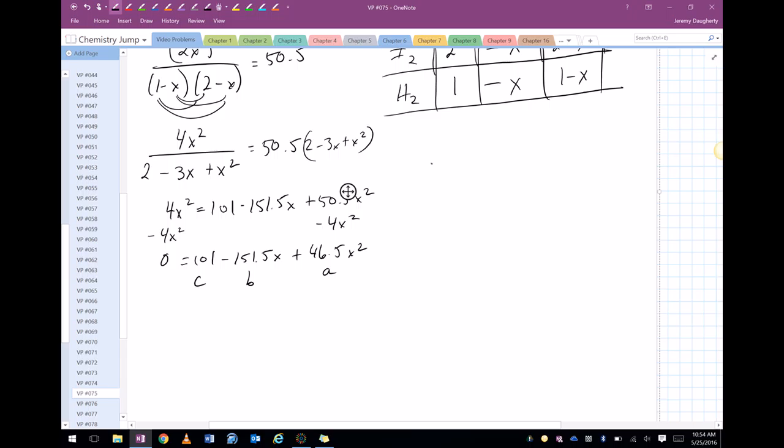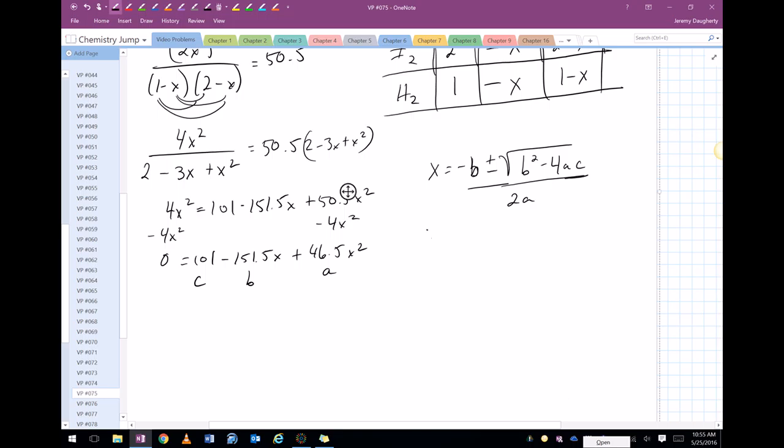So here's the quadratic formula. x is equal to negative b plus or minus the square root of b squared minus 4ac, all over 2a. So I'm going to get two answers here, right?